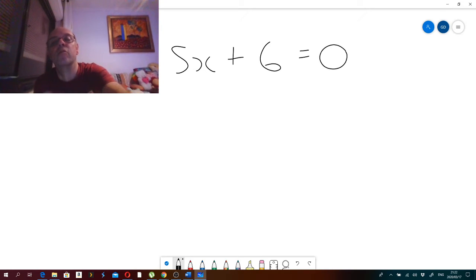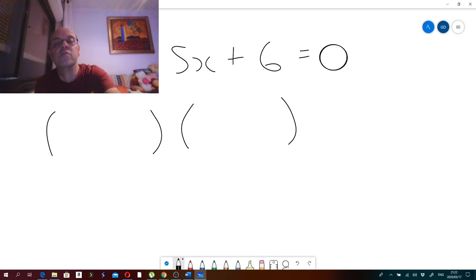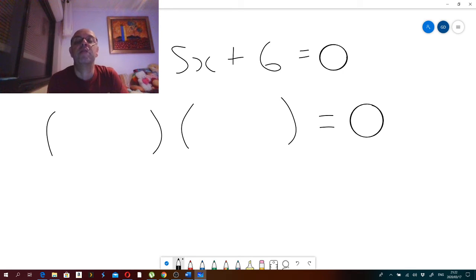Again we want to factorize, so the quadratic has to go into two brackets, and we ask ourselves, what are the factors of 6? Well, the factors of 6 are 2 and 3, or 6 and 1, and we want to get a minus 5. So we also have to consider some negatives here.